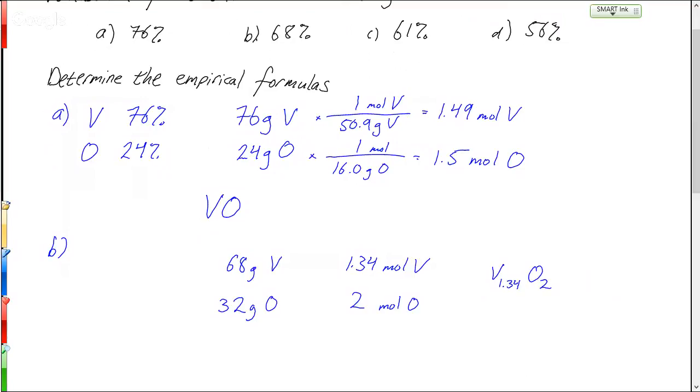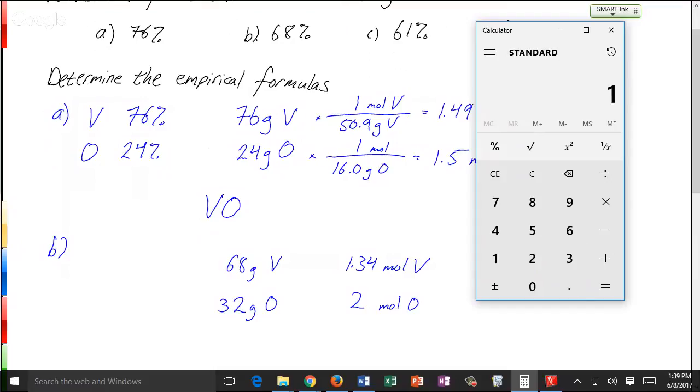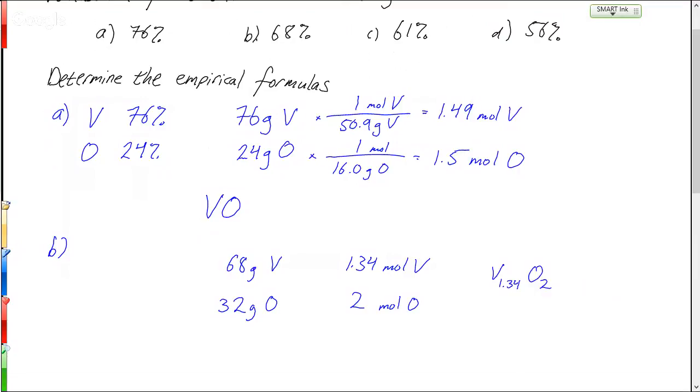So that's not a whole number ratio there, so we're going to want to multiply. 1.34 times 3 gives us about 4. So that's going to give us V4O6. Or we could actually call that V2O3. Your formula is the smallest one. Correct? Yeah.